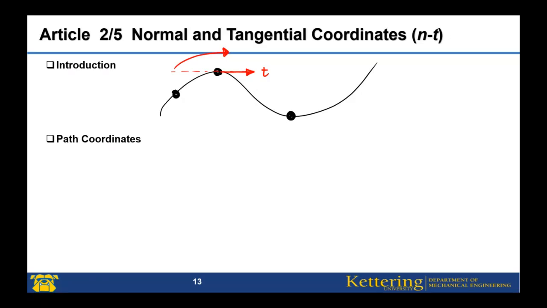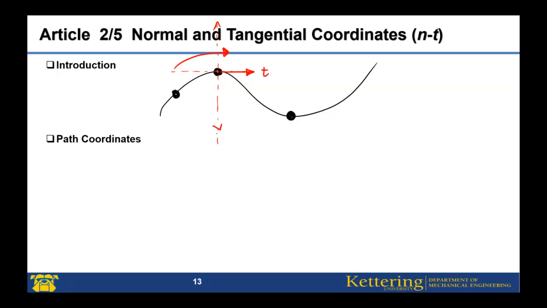Also, the normal coordinate is perpendicular to the tangential axis. Now, we know the directions, but which direction? Just based on this line, it can be this direction or this direction. Which direction is the positive direction of the normal axis?